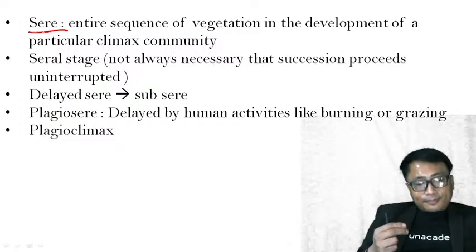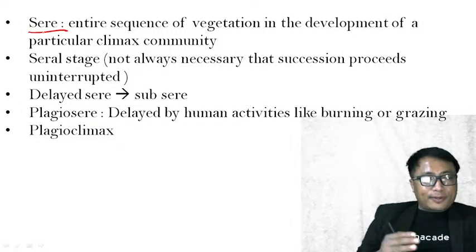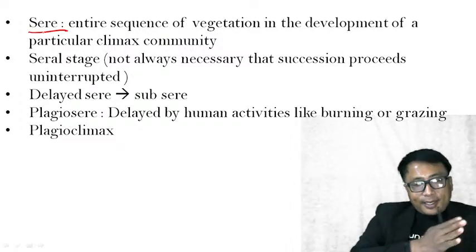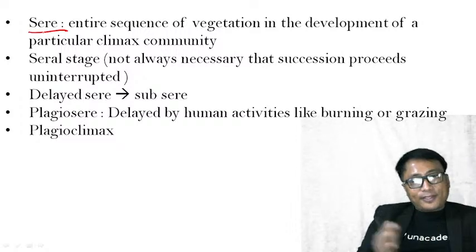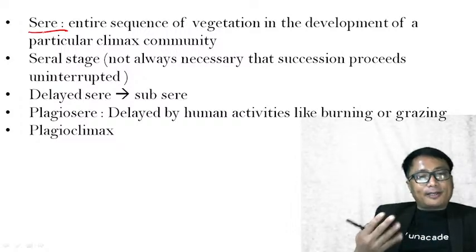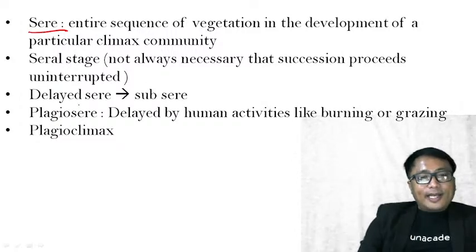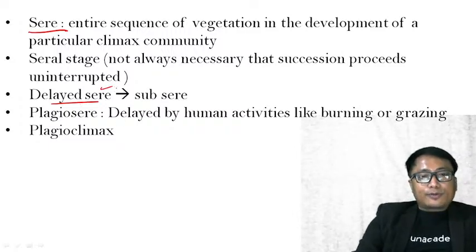Therefore, in the entire succession process, which proceeds from one phase to the other, it can be interrupted. If it is interrupted, then it is known as a delayed sere. And this delayed sere is also known as a subsere.